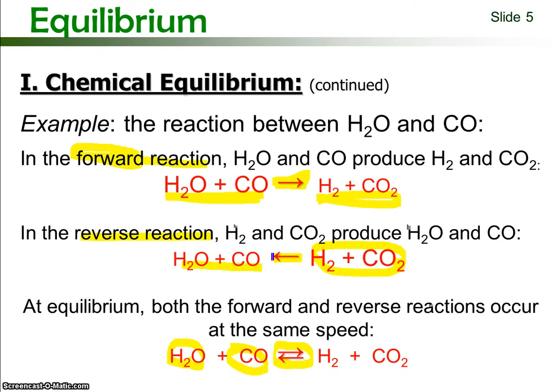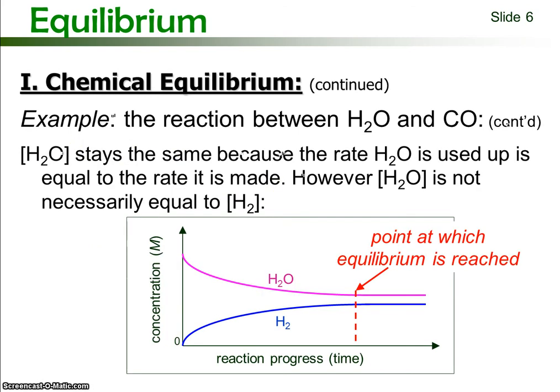So at equilibrium, we have forward and reverse happening at the same speed. So if we were to graph this reaction, it would again look like this graph we saw where they become parallel because this is a system which reaches equilibrium. So the amount of the reactants, for example H2O is one of our reactants, we see it starts at some amount and product starts at 0.